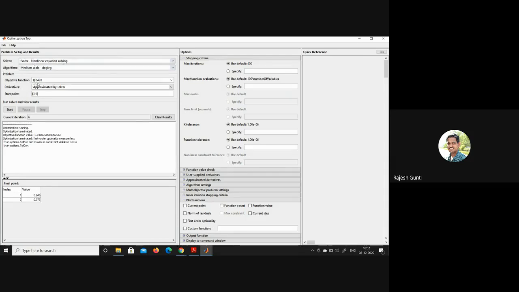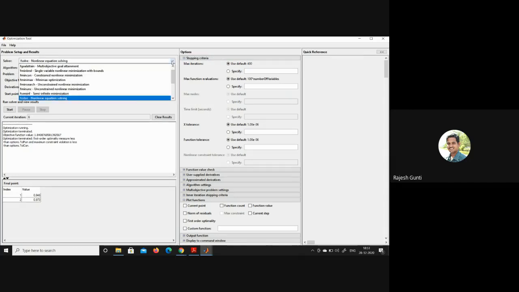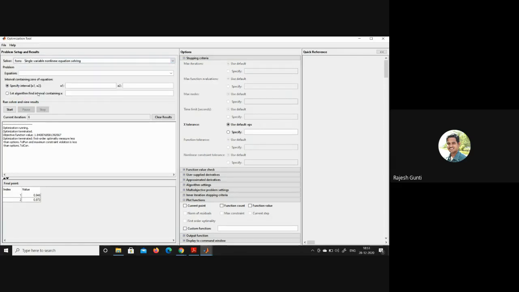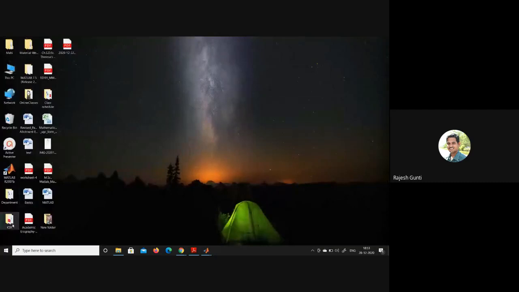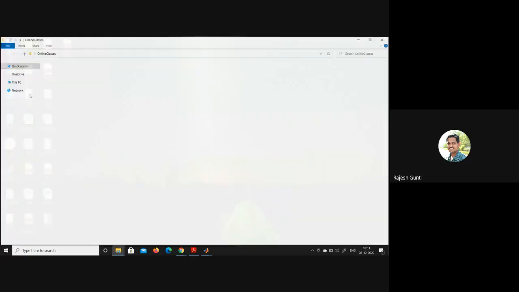There also we have created one M file. We have given an initial point. Am I correct? Did you remember that one? This is the thing for fsolve. fsolve is the nonlinear solver. I will open that one. You will get fsolve. fzero also there, for a single variable equation. Only we will enter the equation. I will open this M file and come back. There I didn't open the optimization toolbox. It is not that much important.